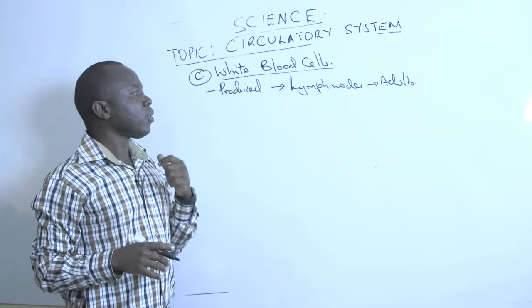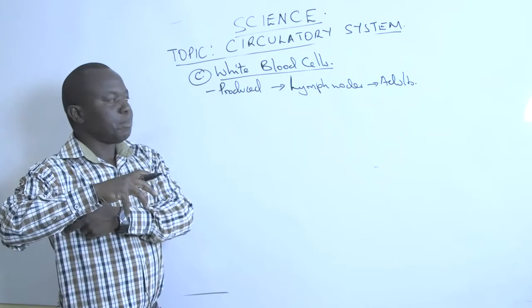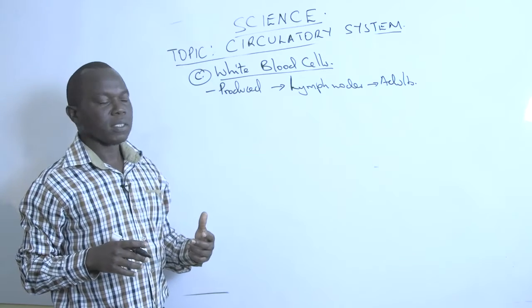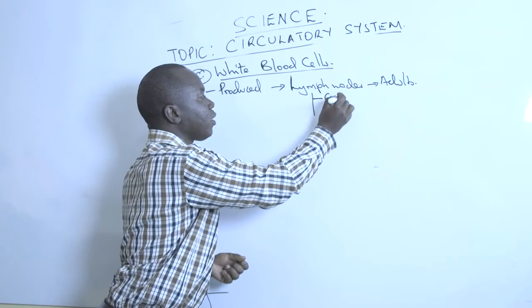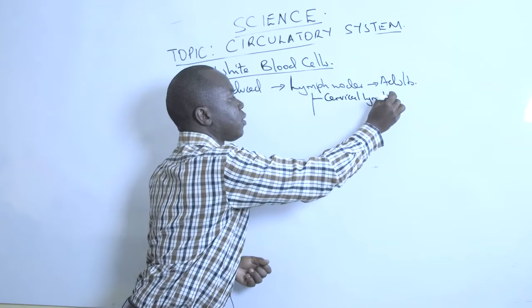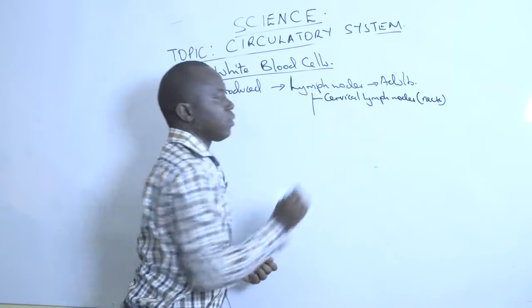Under the neck, we call them cervical lymph nodes. In the armpits, we have axillary lymph nodes. We can just mention them. We have cervical lymph nodes, which are found in the neck region.